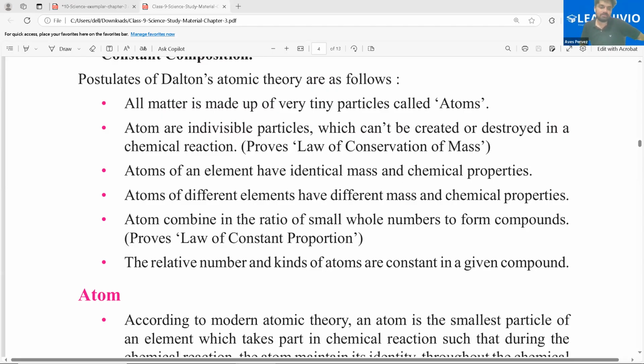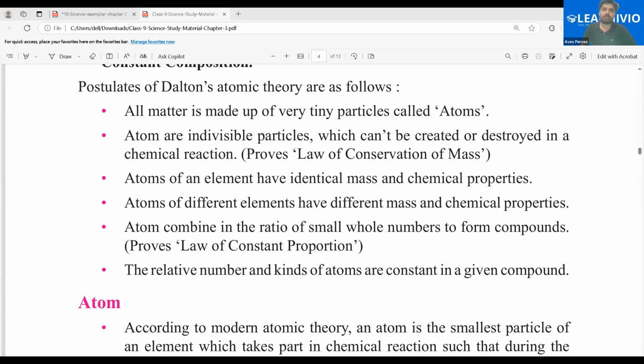Anam, are you done? Have you memorized all the postulates? Sir, I have memorized the postulates. I'm just memorizing the last drawback. Okay. Bharti and Hanan, you joined late, so please memorize Dalton's theory postulates fast, and their drawbacks that we did in the previous class.